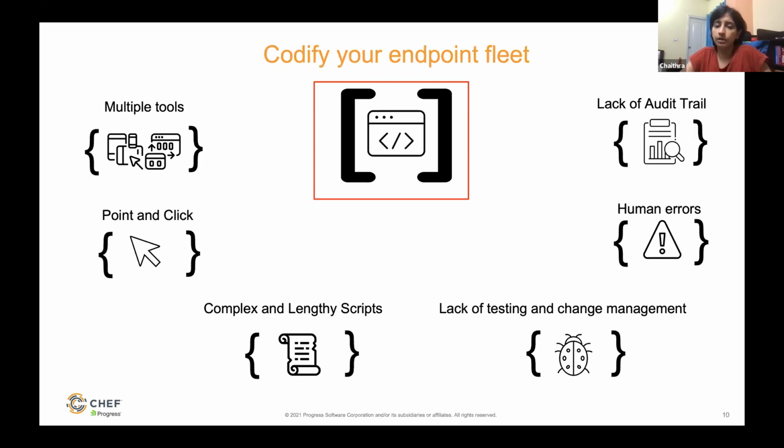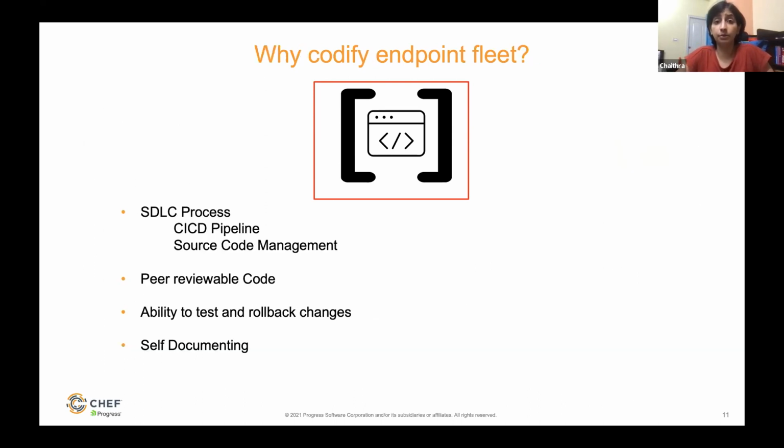So how do you optimize this? If you codify your endpoint management, then that could solve many of your problems. So why codify your endpoint fleet? Because when you codify your endpoint management fleet, you make sure that you follow a software development lifecycle process.